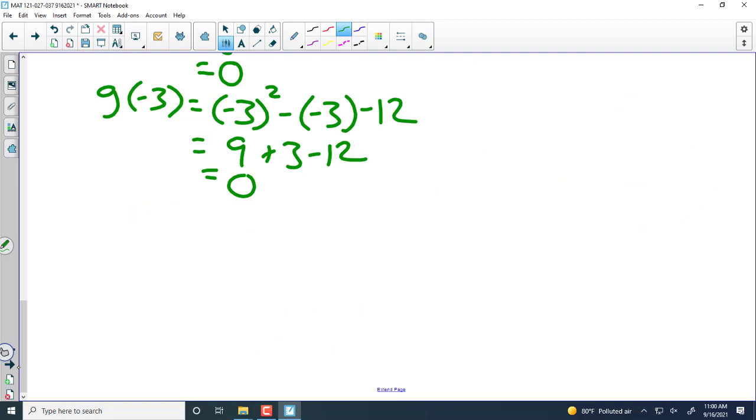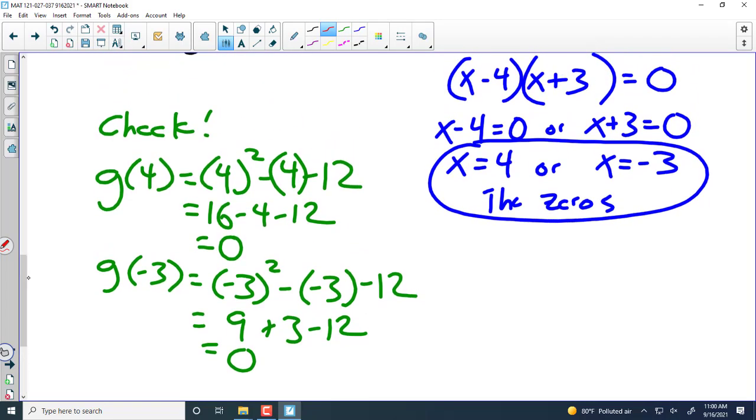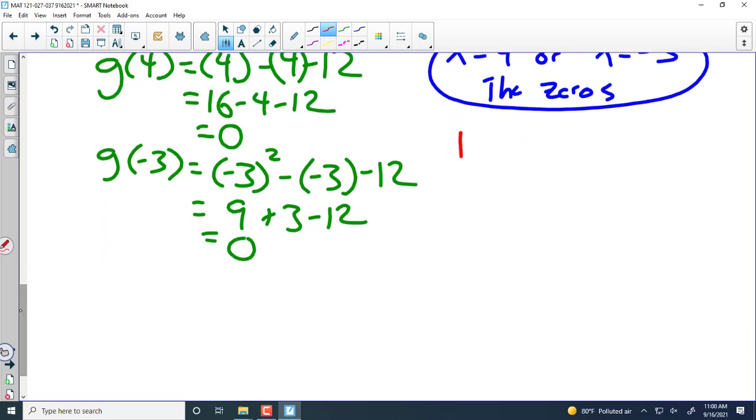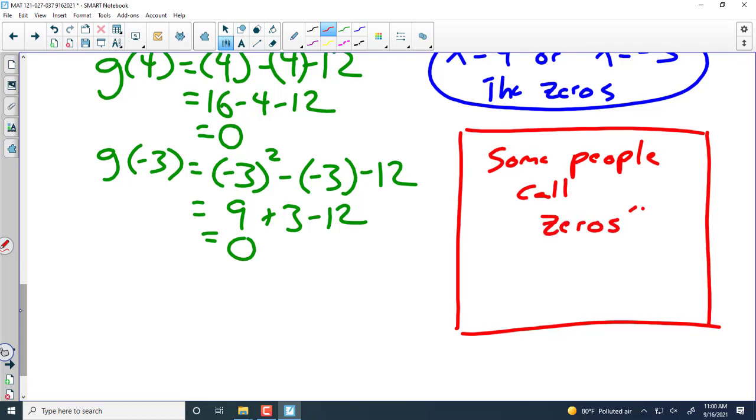If anyone in here ever asks a friend for help with your math homework, and of course you're encouraged to do that, you're allowed to ask for help when you're doing your math homework, just be aware that some people call zeros roots.